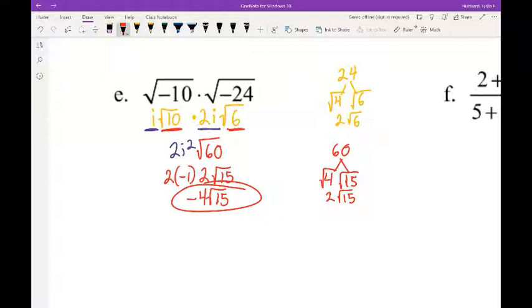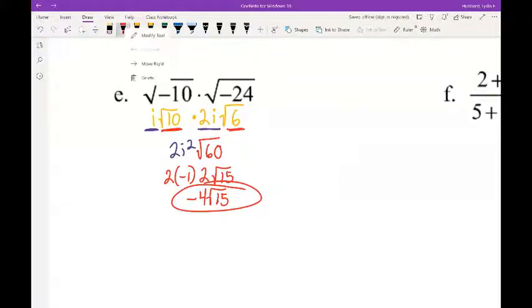Okay. If you struggled with that simplification, that's okay. An alternate method to doing this would have been to do i radical 10 times i radical 24. So that would have been i squared radical 240. And then simplifying radical 240 from there.